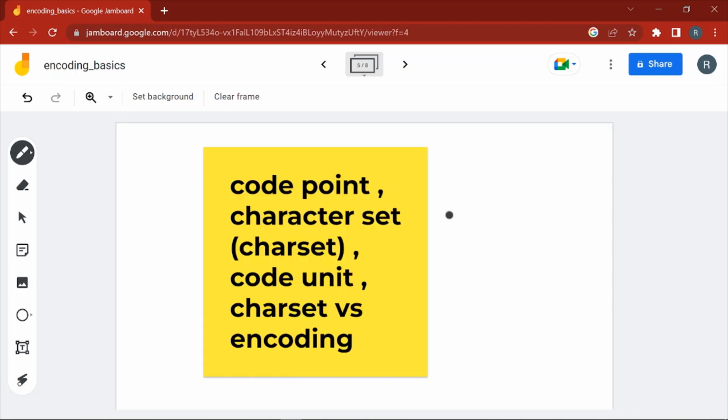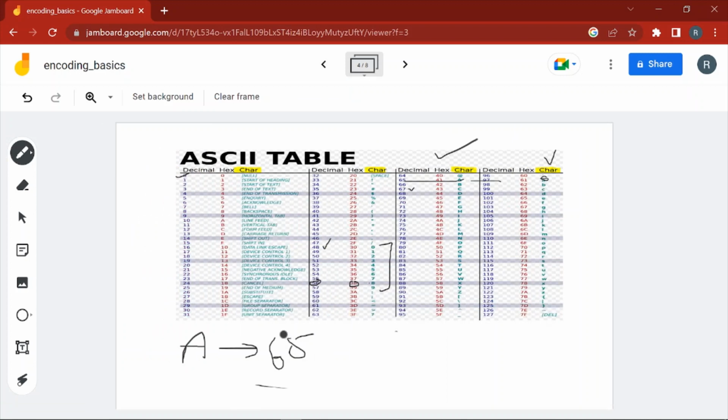A few points I also want to highlight related to character encoding. Code point. So what is a code point? This 65 is the code point. The particular number against a character is known as the code point.